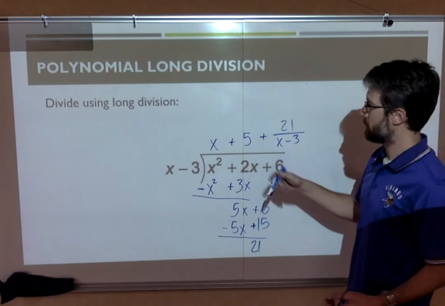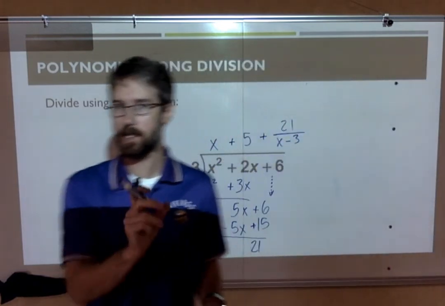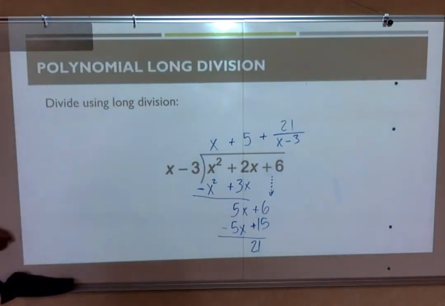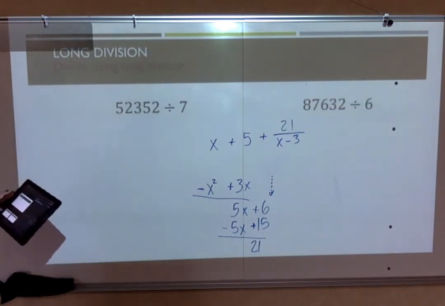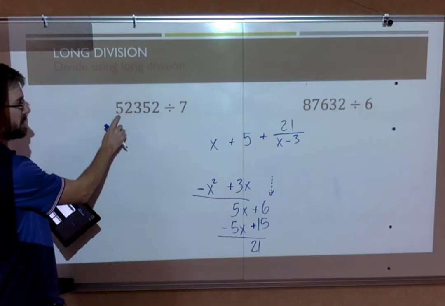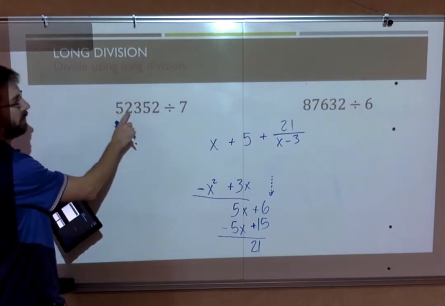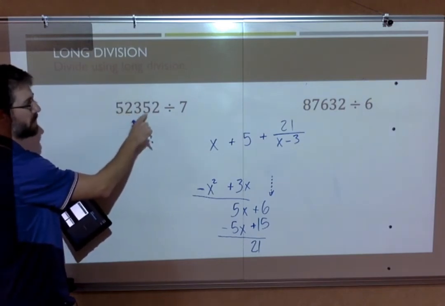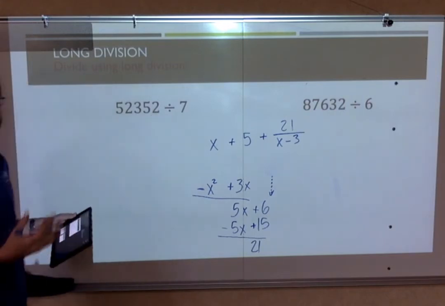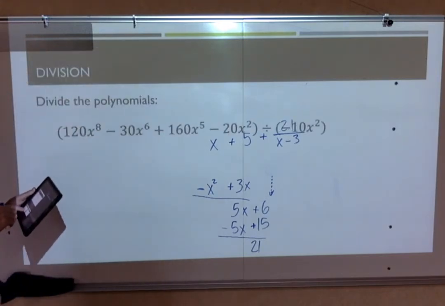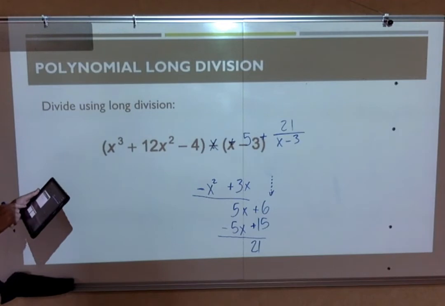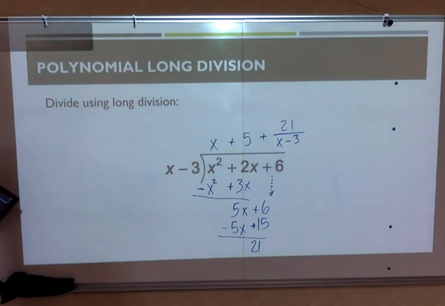It's sort of like each digit in those original ones represents a power of x. So if we went back to something like this, this would maybe be something like 5x to the 4th plus 2x cubed plus 3x squared plus 5x plus 2 divided by something. But the same patterns and the same rules apply. It just looks a little different.